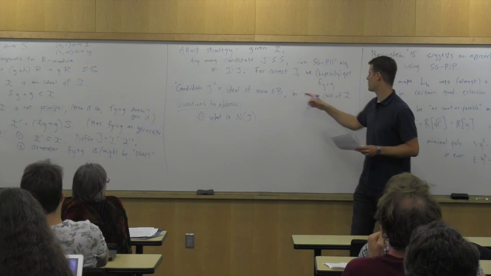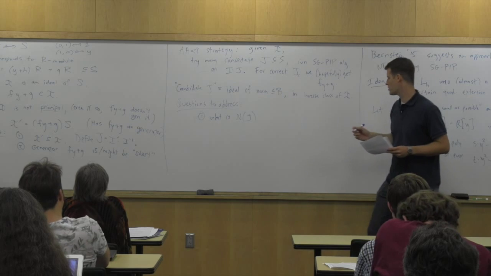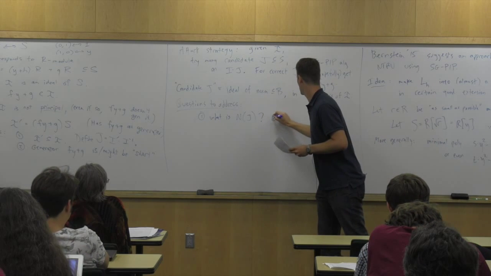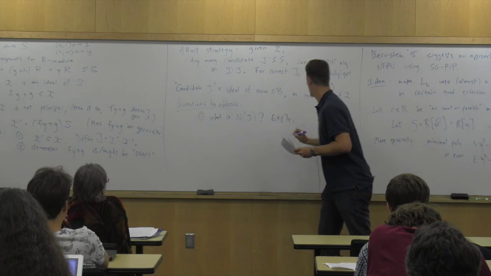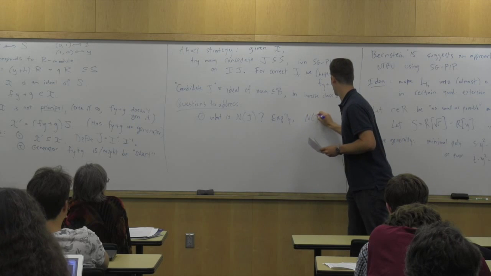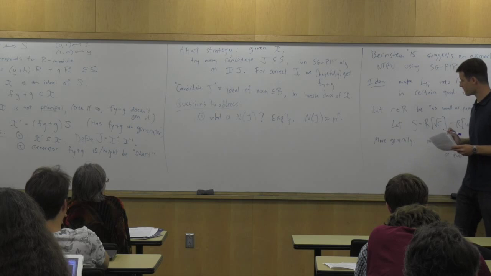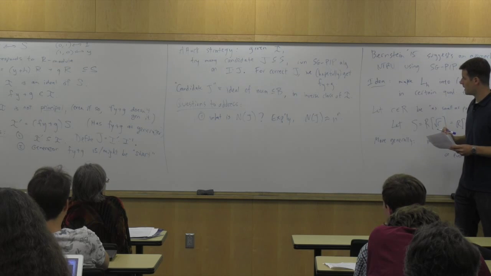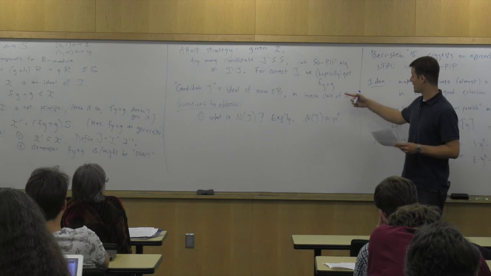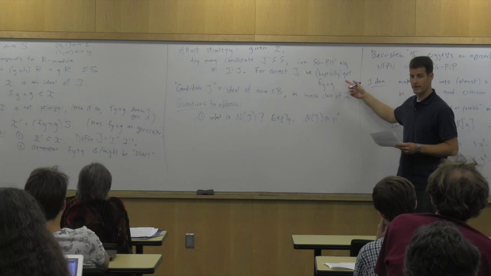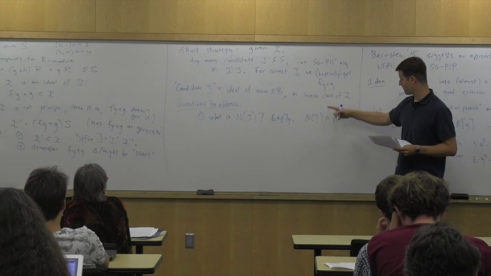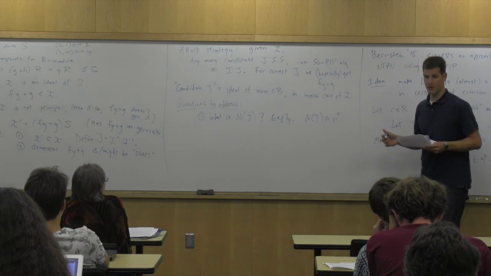Because we're going to have to try ideals of norm up to about that large. Experimentally, the norm of J tends to be very close to n to the n. And the second is, how big is the class group of S? That tells you roughly how many ideals you have to try here.